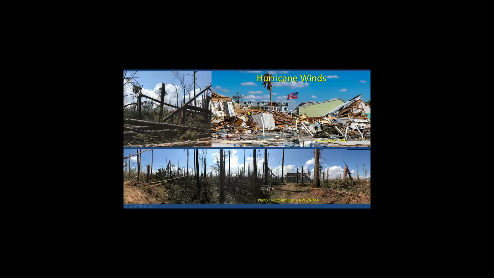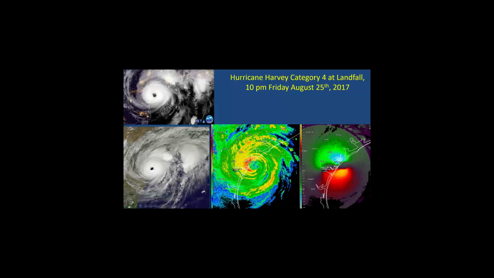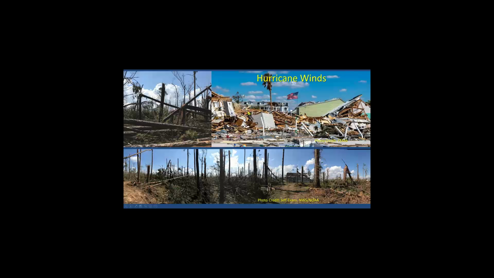Hurricane winds, wind damage. You can see that here. This is from a storm survey that was done. We helped them out after they had Hurricane Michael in western Florida a couple years ago. And you see this type of damage that can occur with a Category 5, that you might see with a strong tornado.